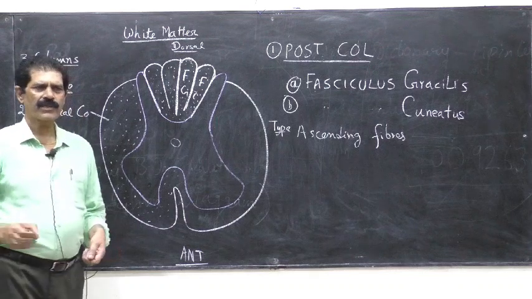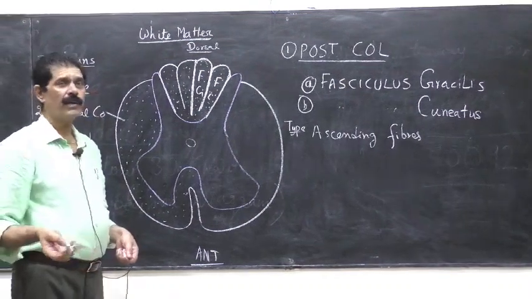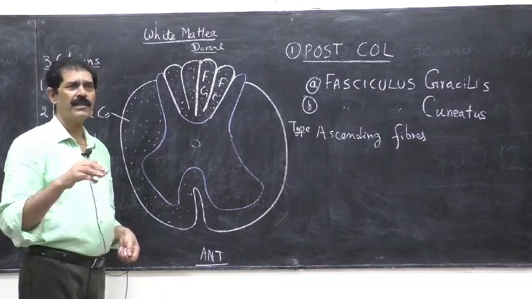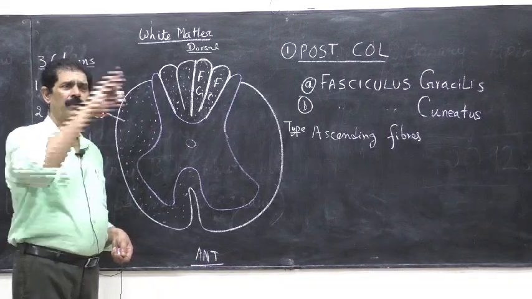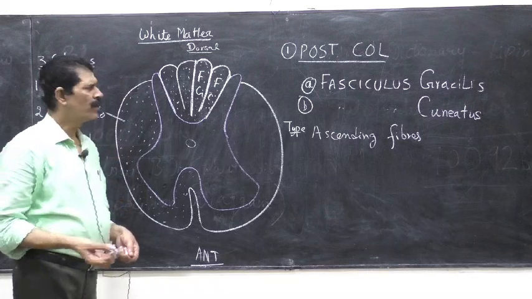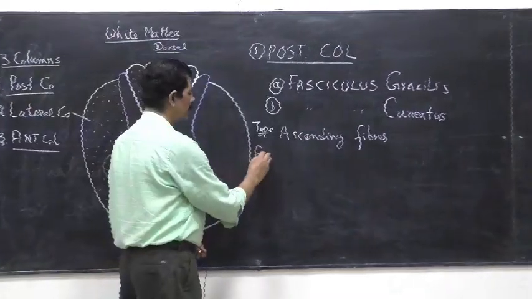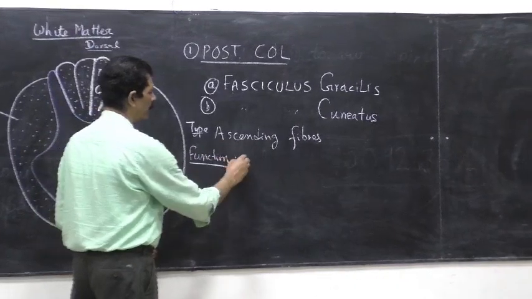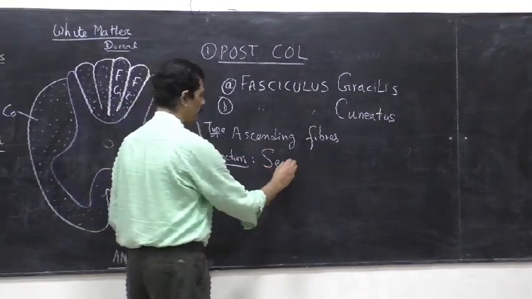If they are ascending fibers, it means they are going from the spinal cord to gather some information, and this information is to be given to the brain. So functionally they are sensory.